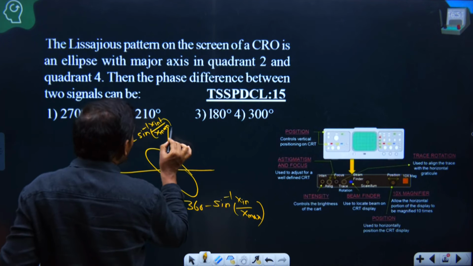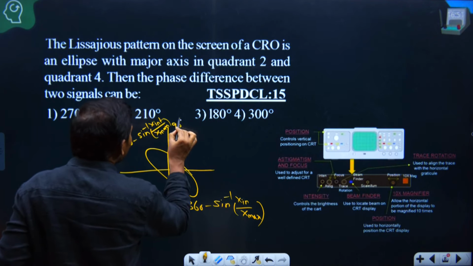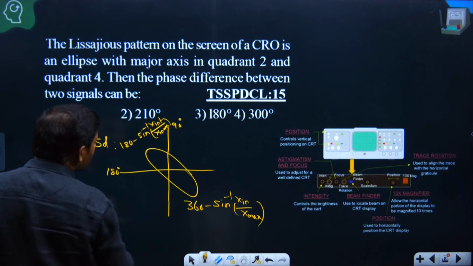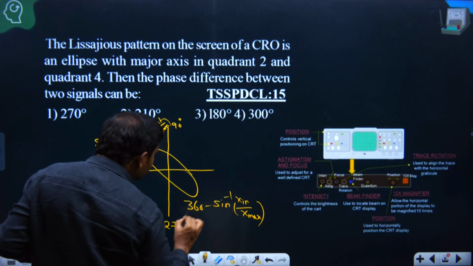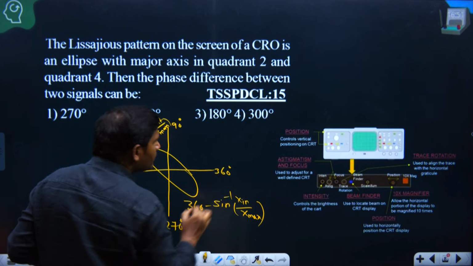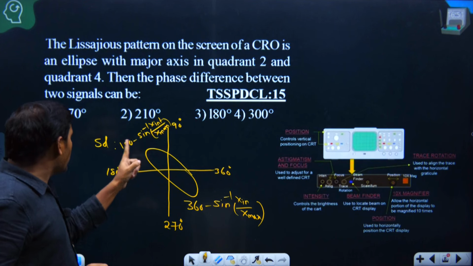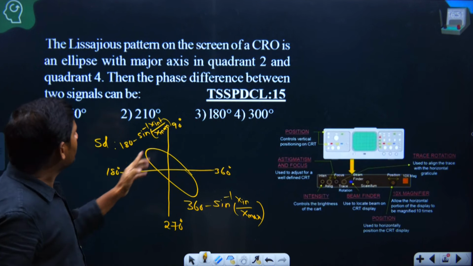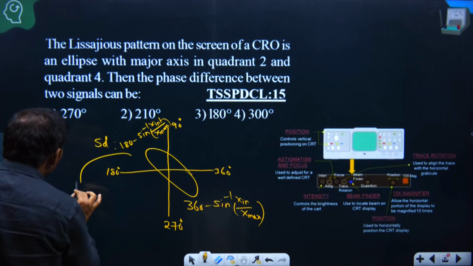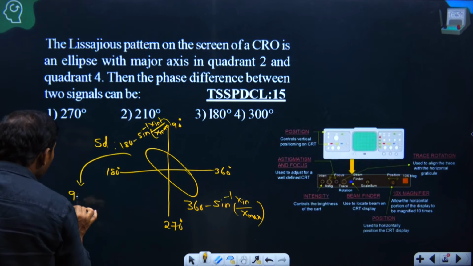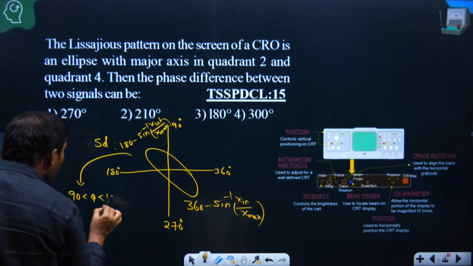But students, we know that in the second quadrant the angle is 90 degrees to 180 degrees, and in the fourth quadrant it is 270 degrees to 360 degrees. In the second quadrant, the ellipse is for 90 less than phi less than 180.